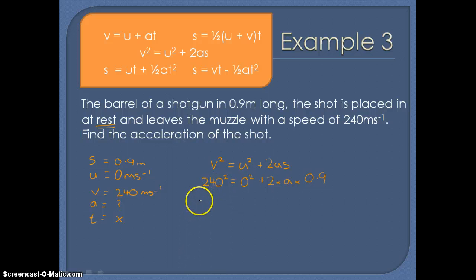So 240 squared you can calculate to be 57,600. That's got to equal 0 squared, which is just going to be 0, plus 2 multiplied by a multiplied by 0.9, so we can calculate the 2 times by 0.9 to give us 1.8.